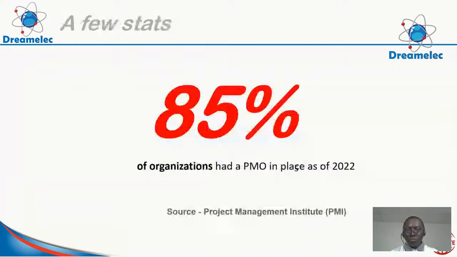Je voudrais partager avec vous quelques statistiques. 85% of organizations had PMO in place in 2022. That is a statistic from PMI. Donc en 2022, il est reporté que nous avons environ 85% d'entreprises ayant un PMO en leur sein.